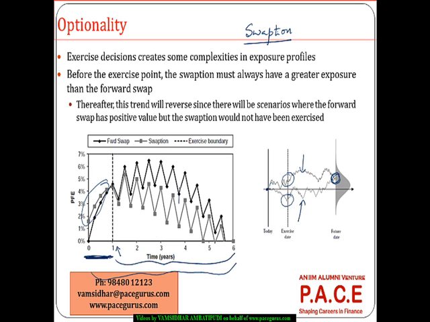So a very important point for us to understand here is, in case of wherever option like features are there, up to the point of expiry, the exposure is much higher. But from the point of expiry till the maturity date, we see that the exposure will keep coming down and down. This is the example there.